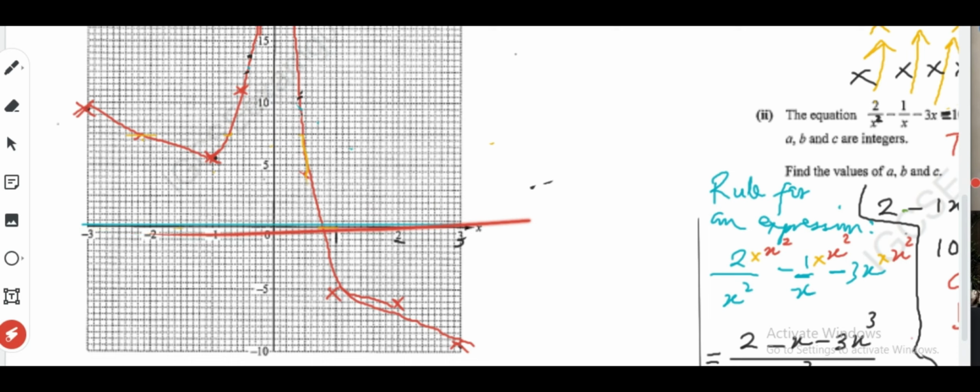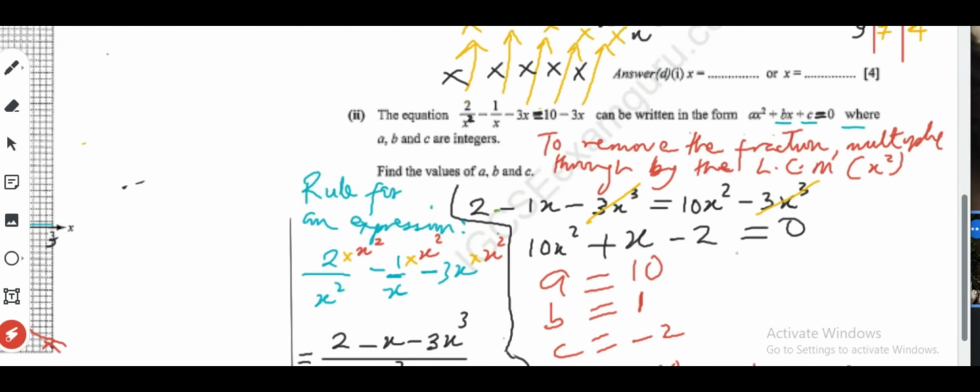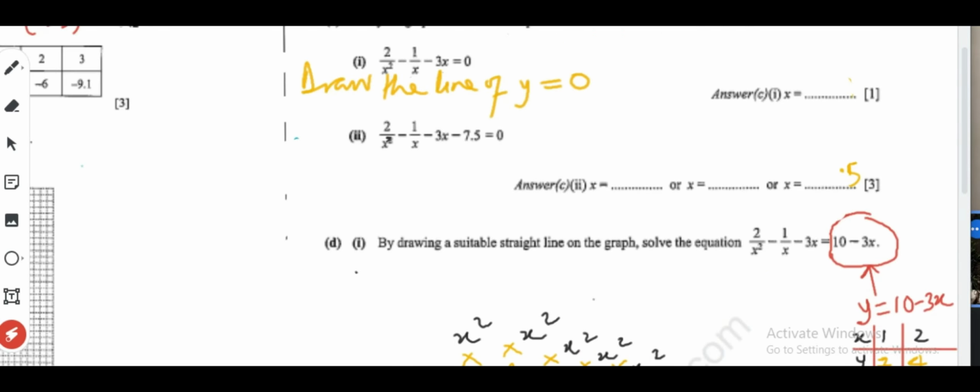So where it cuts the graph will be the answer. Where did it cut the graph? It should be here. What's the value? I think it's 0.8. About 0.8. So the answer will be 0.8.